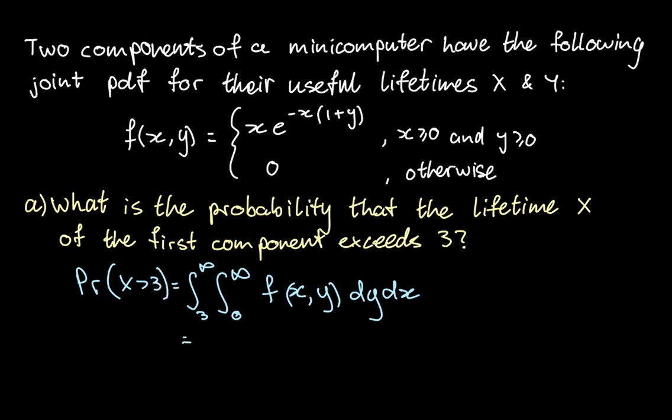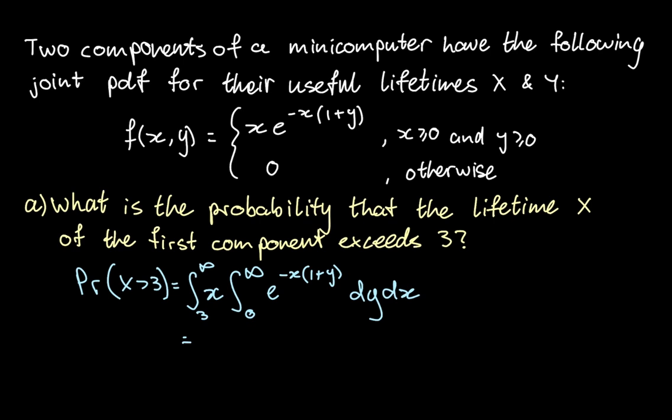Okay, so I substitute in this function in here, and if I do so, I have x e to the negative x times 1 plus y. Now integrating in terms of y, I treat x as a constant, so I can take this x out of this first integral as such.